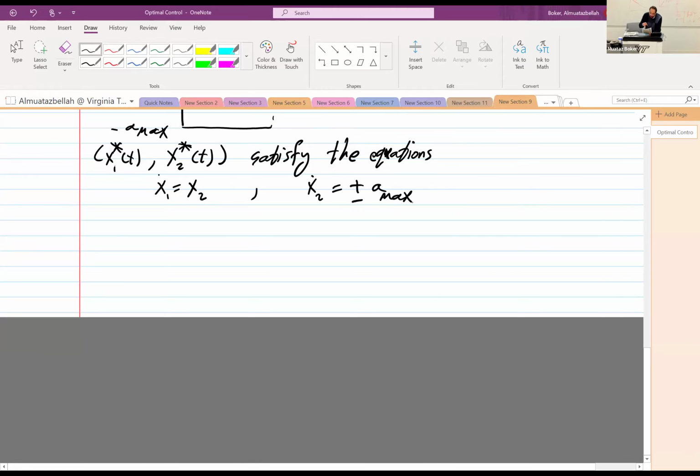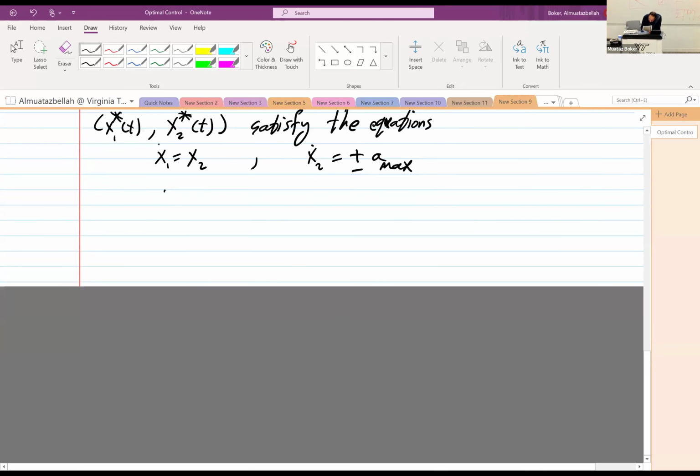Okay, because u is equal to minus A max times sign of P2, so I can write it in a general form as plus or minus A max, and dx1.